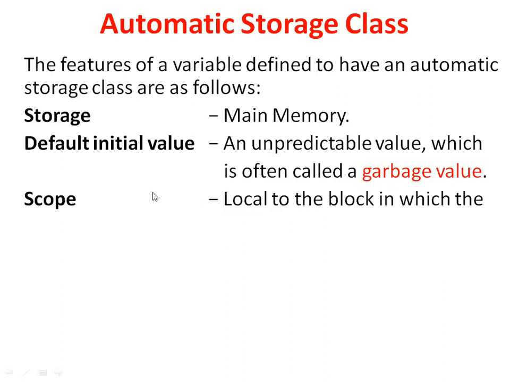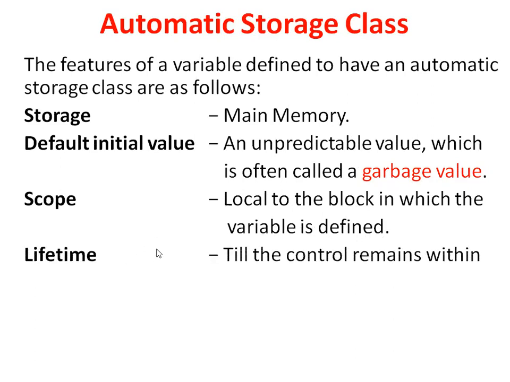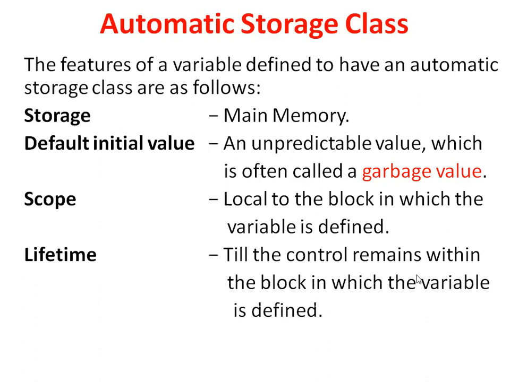The scope of that variable is local to the block in which the variable is defined. The lifetime of the variable is as long as the control remains within the block in which the variable is defined. As long as the control is in that block, the variable exists in memory.